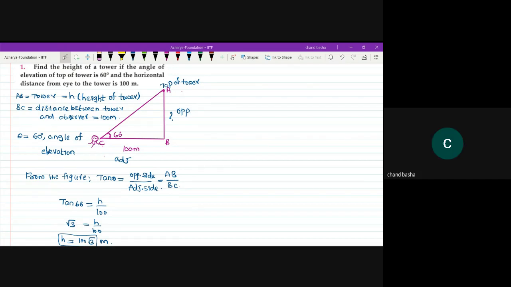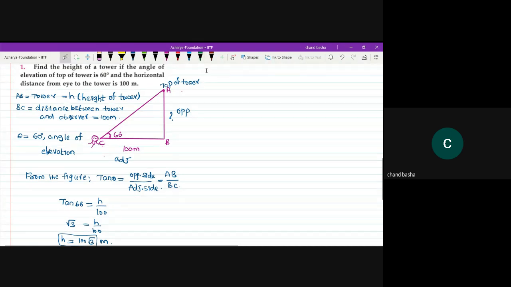I'll go for the next problem and try to answer this question. Hope if you are perfect in the question, then you can give the answer. If the distance between the person and the building is the same, then the height will be changed.